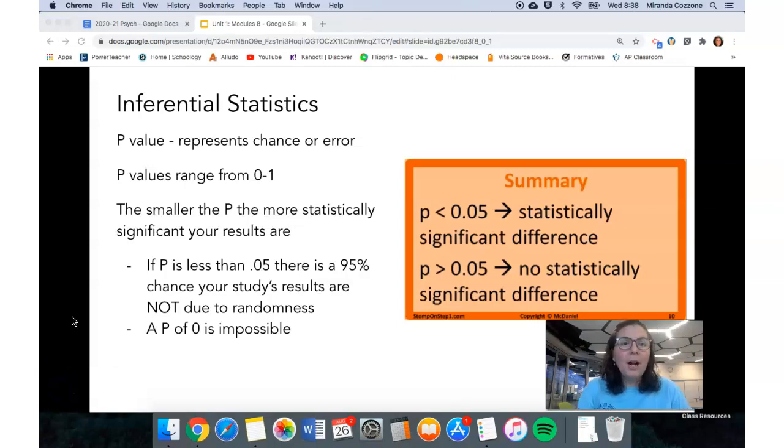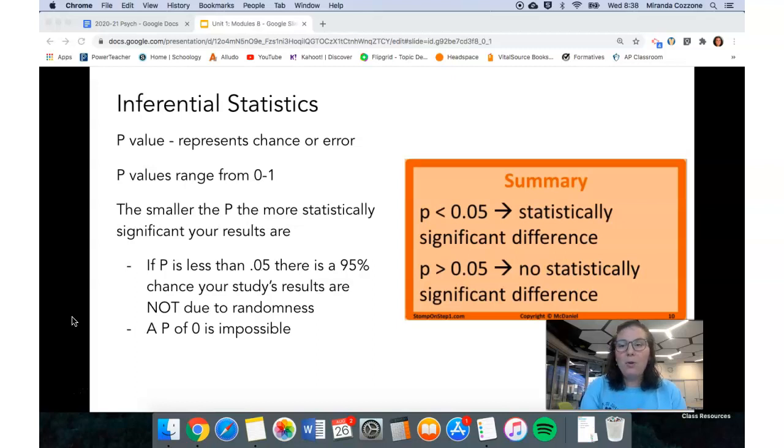So like I said, you're not going to need to know how to calculate anything like the standard deviation or a p-value, but what I need you to know, and what's not in the book about inferential statistics, is that when data analysts run data for inferential statistics, they end up with a p-value, okay? This is important, and like I said, it's not in your book, okay? The p-value represents the chance of error.